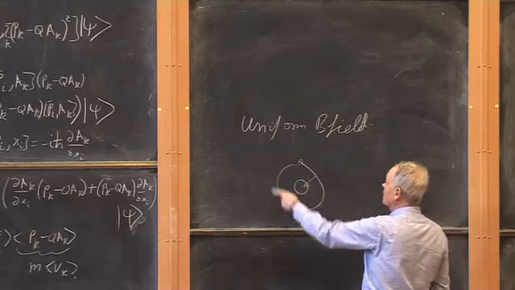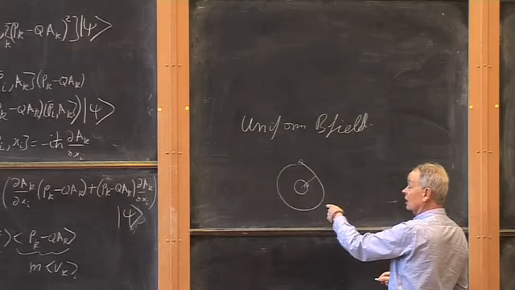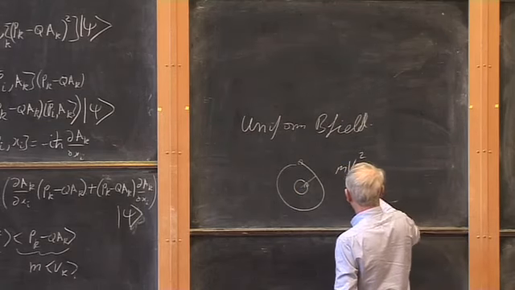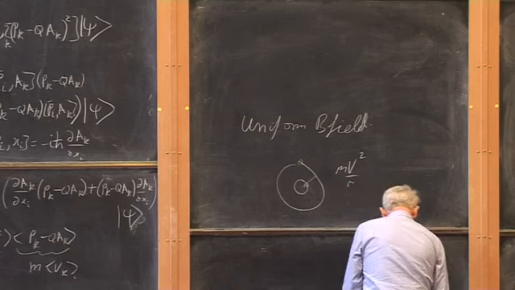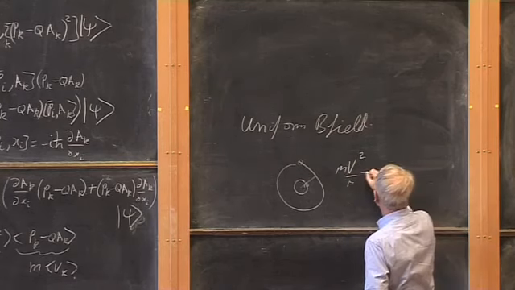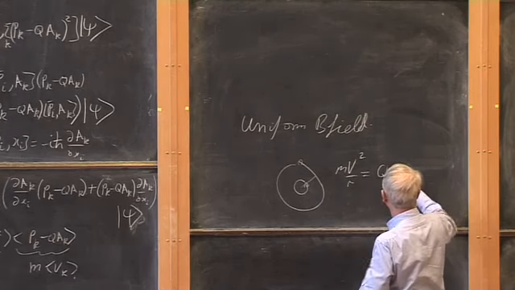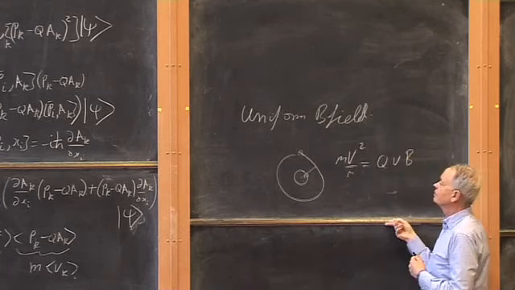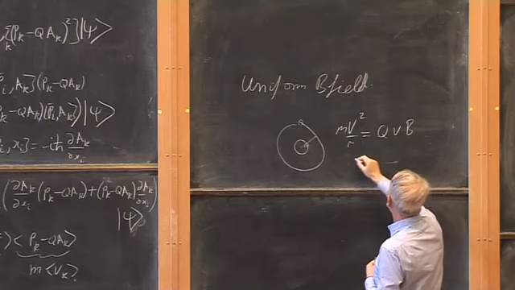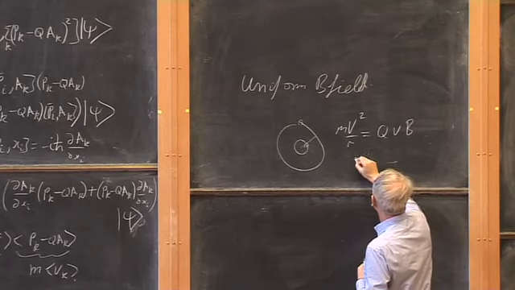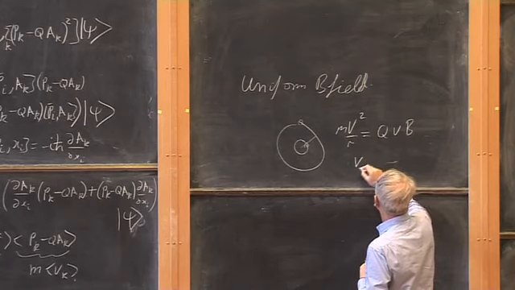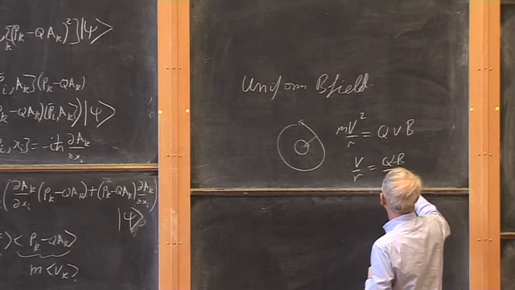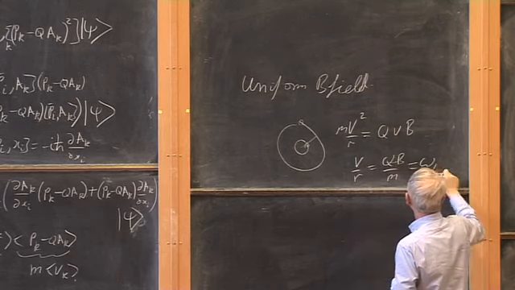If you have a fast particle, it goes round. We have mv²/r equal to qvB. So we have that v over r is equal to qB over m, which is the Larmor frequency.